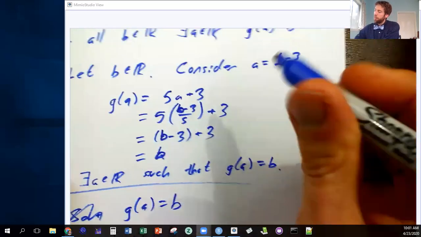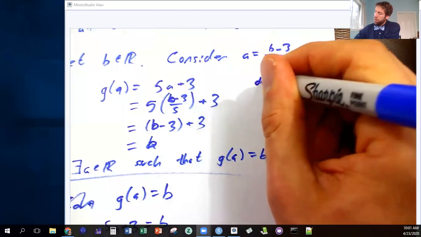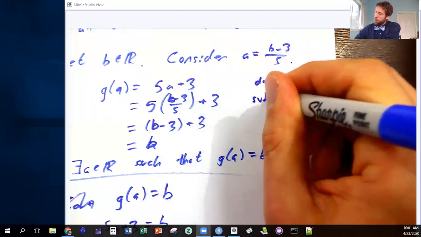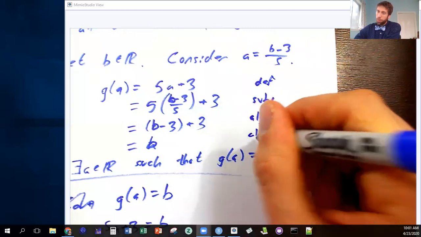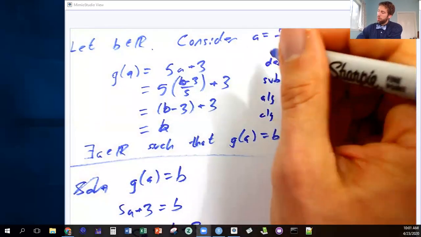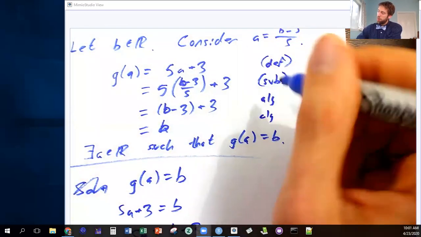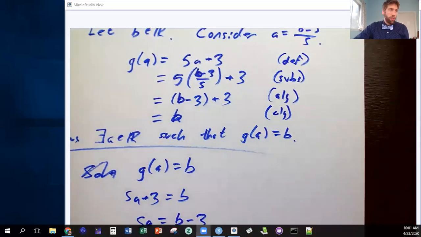Over here I might give my reasons: definition, substitution, algebra, algebra. Okay? All right, that completes preview activity 2.